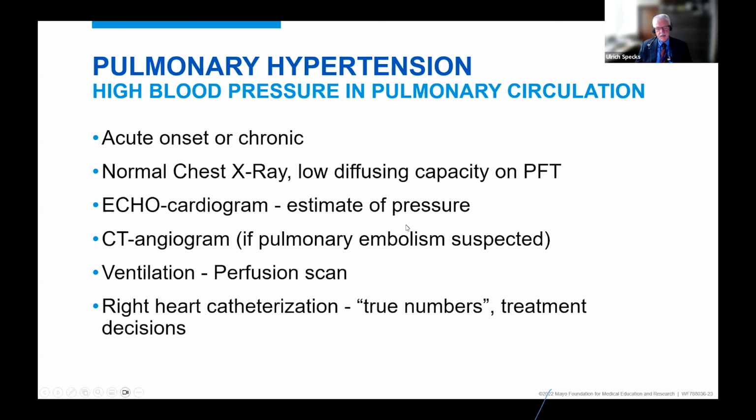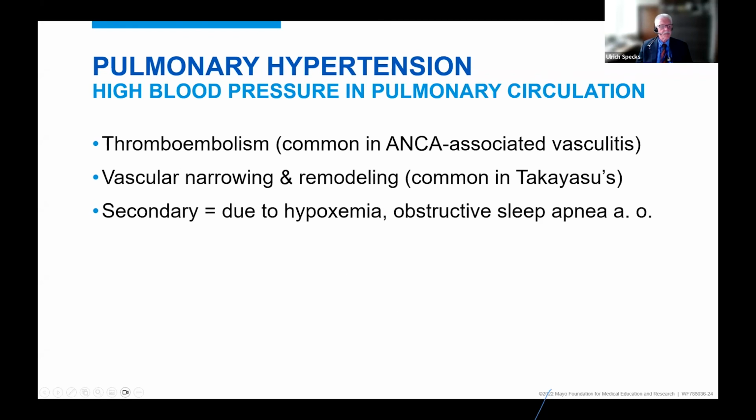And then if that is abnormal, we sometimes need to do a right heart catheterization to get true numbers. And when there is pulmonary hypertension, we have treatments for this. So we need to think about it, we need to look for it, and then if we find it and quantify it, we have treatments for it.